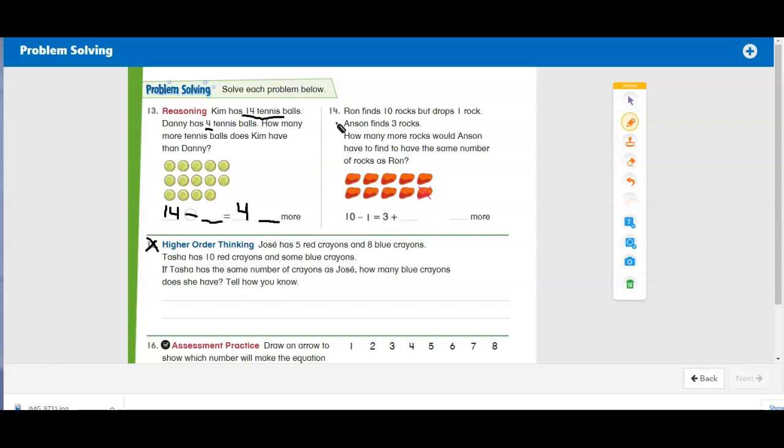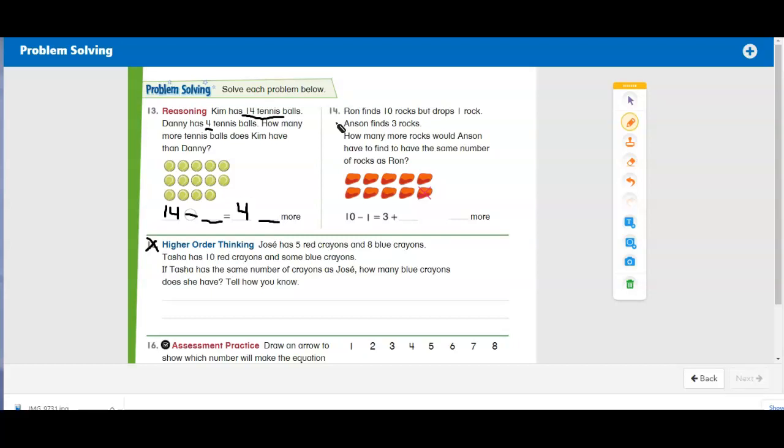Number 14 says Ron finds 10 rocks but drops 1 rock. Let's think about that really quick. If Ron finds 10 rocks and drops 1 of them, how many rocks does he have now? 10 minus 1. 9.